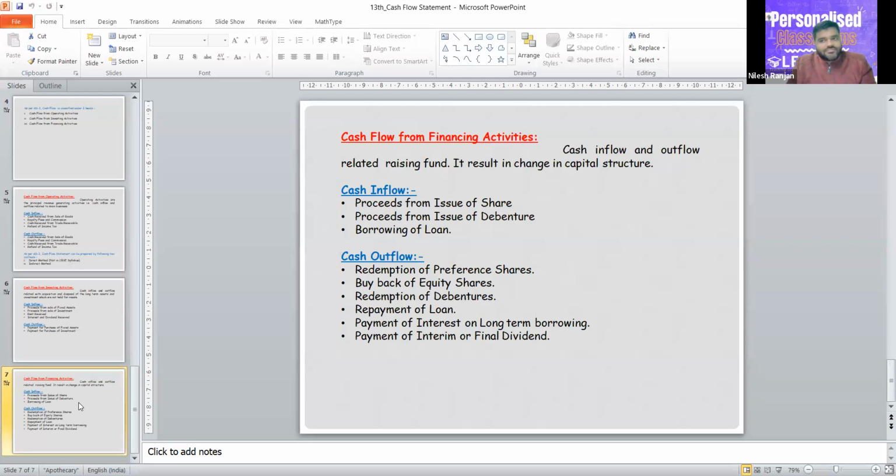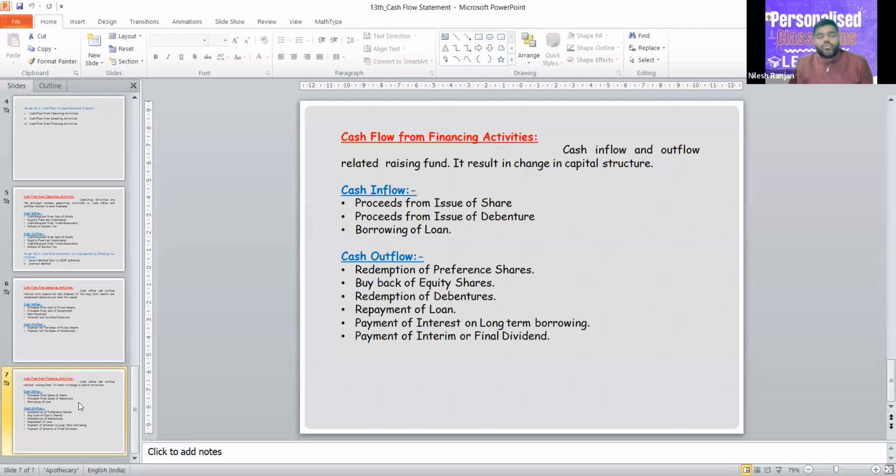So it is investing. Yes, it is investing. You are acquiring a long-term asset. So in that case, it is investing. And if I tell you that you are selling your car, then it's still investing. Yes, because acquisition or disposal both are investing activities.